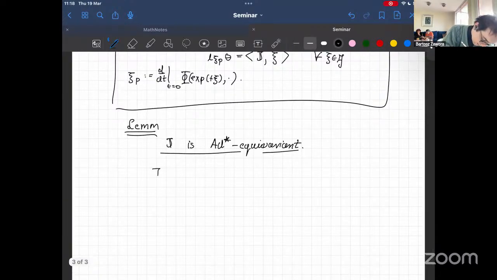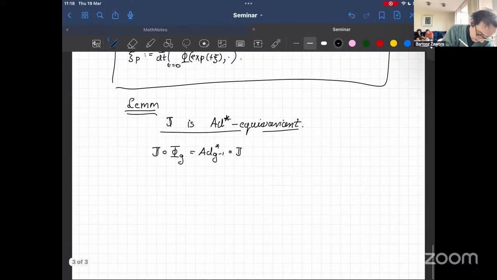Well, it means that if we compose the momentum map with the Lie group action, this is equivalent to the dual adjoint action on g star.